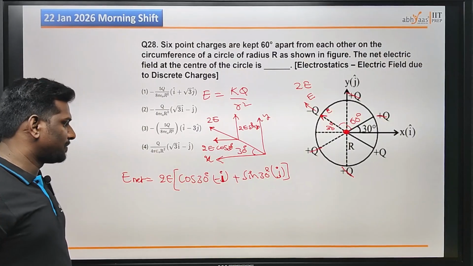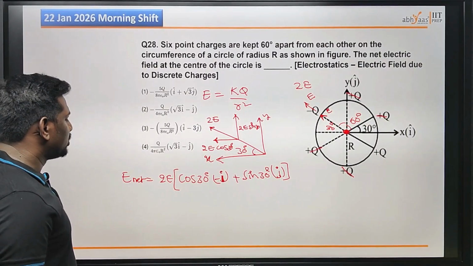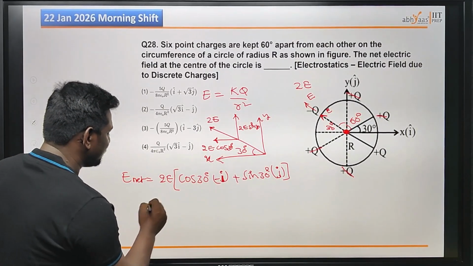If you solve this one, you will get the answer.